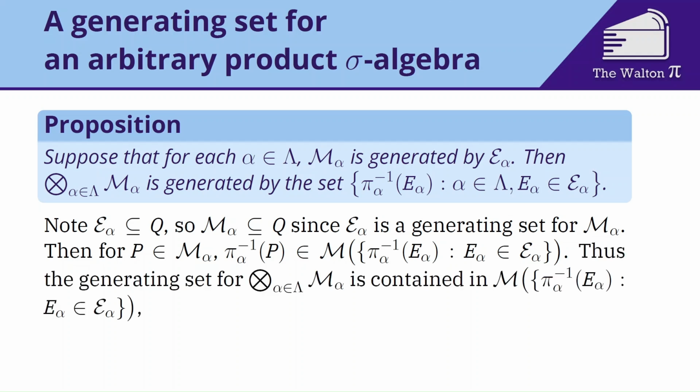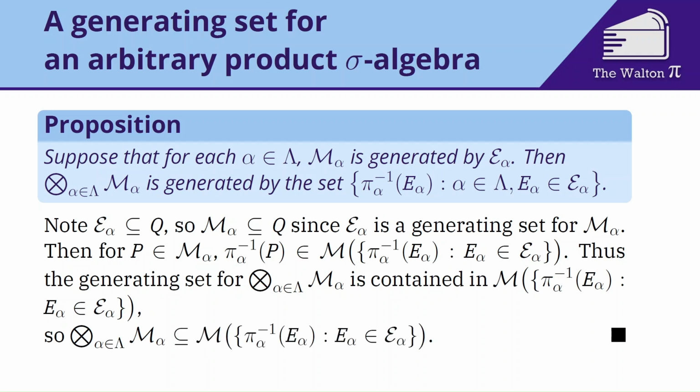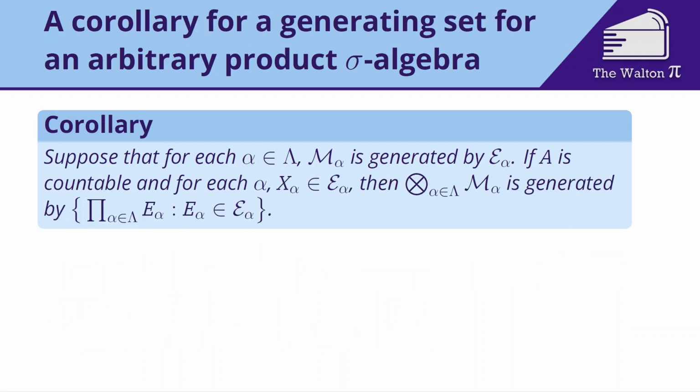So that tells us that the generating set for the product of M alphas is contained in the sigma algebra generated by just the preimages of our elementary family members. So that tells us that the product of our M alphas is contained in the sigma algebra generated by just these. And so we have containment both directions, so we have equality.